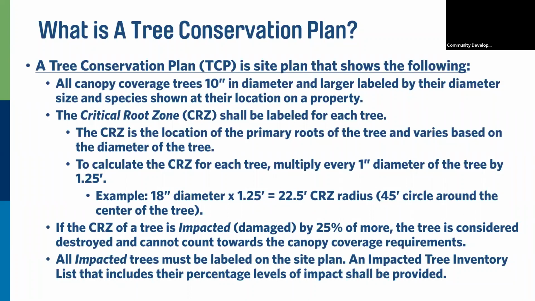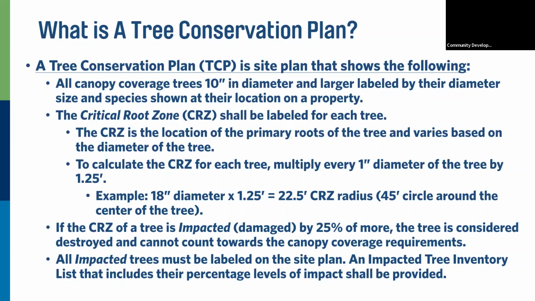Yes, for Sandy Springs, we calculate it at 1¼ feet per 1 inch of diameter. Different municipalities have different requirements based on whether it's urban or more suburban. So you would do the diameter times 1.25 feet to get the critical root zone, and that's represented with a circle, and that's measured from the center of the tree.